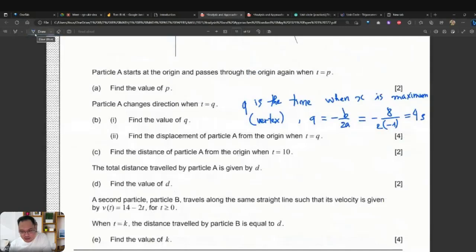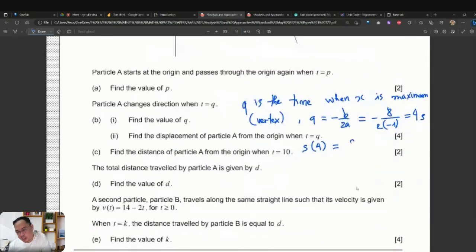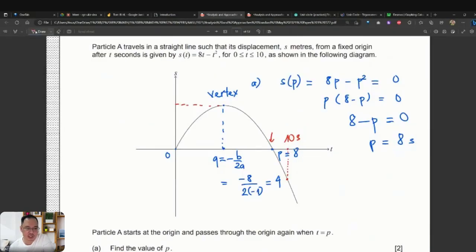The position at time 4 is the original function here, 8 times 4 minus 4 squared. 8 times 4 is 32, 32 minus 16 is 16. The position at the vertex is 16.